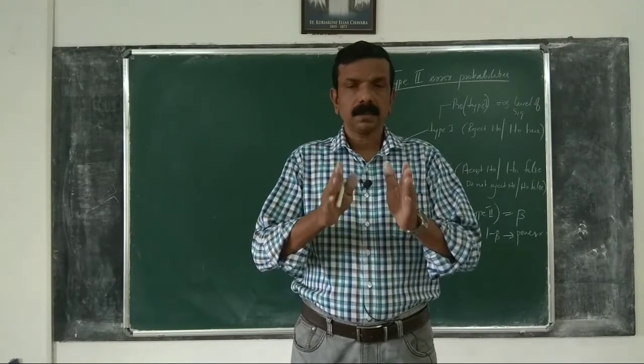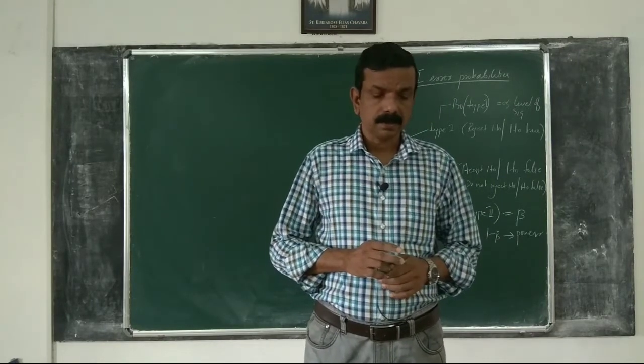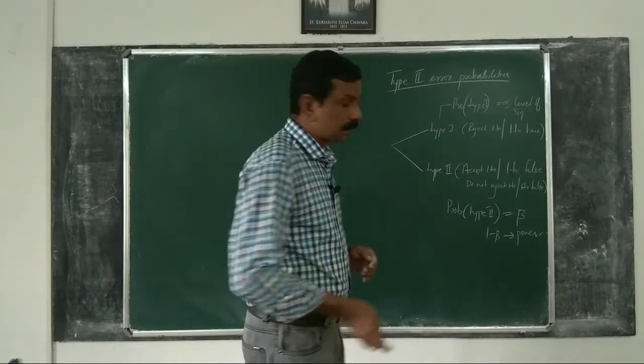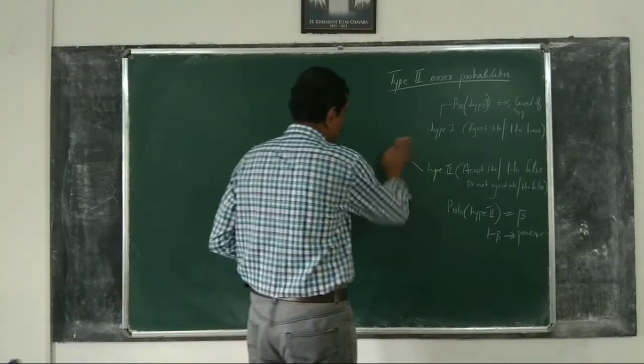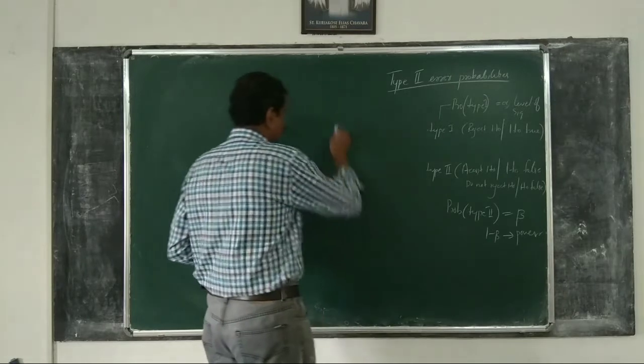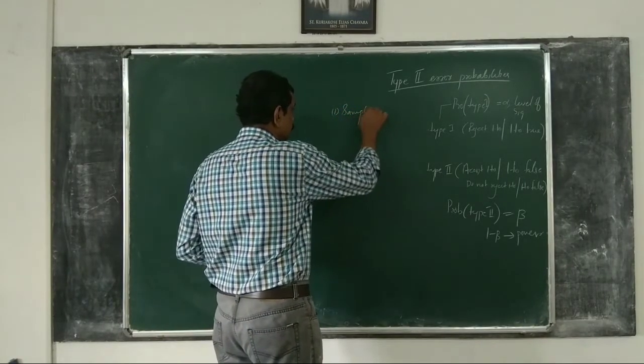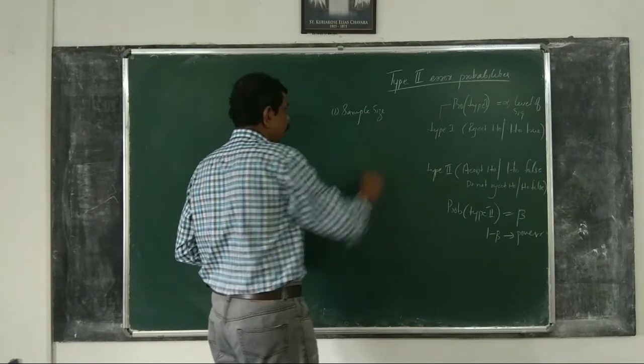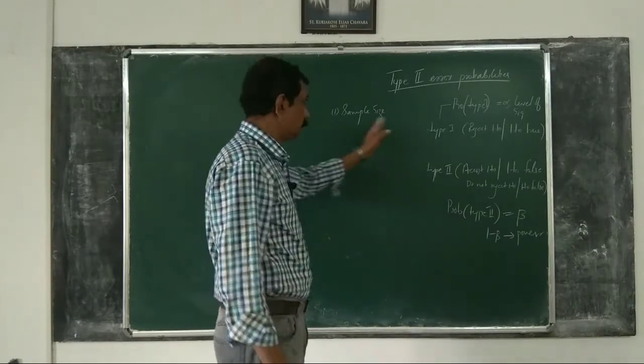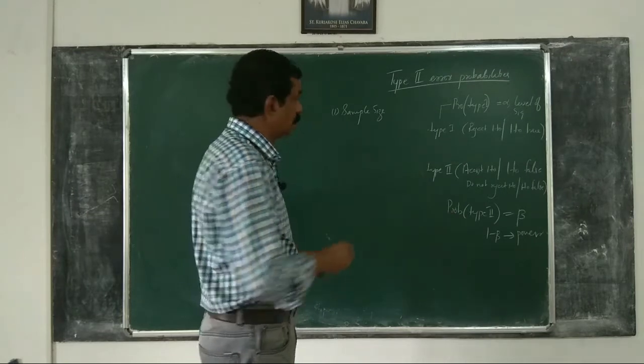Now for computing type 2 error probabilities, we must know three things. Computation of type 2 error probabilities depends on 1. Sample size, 2.